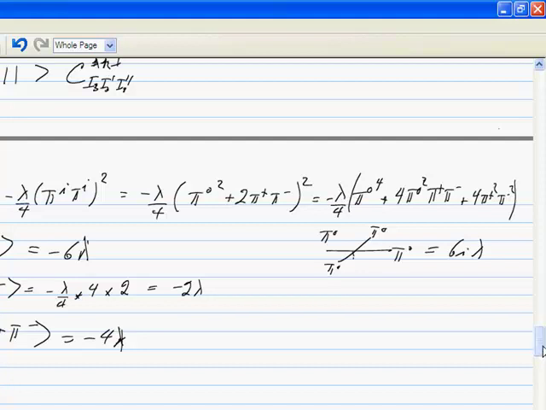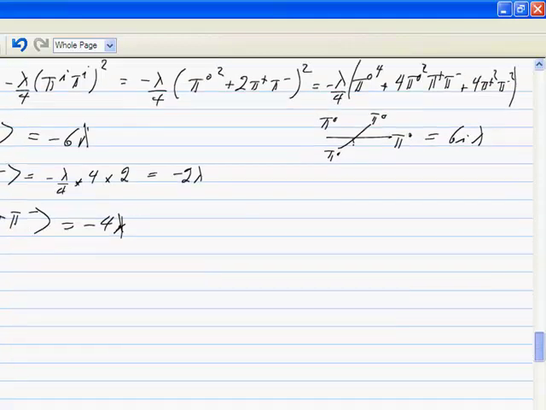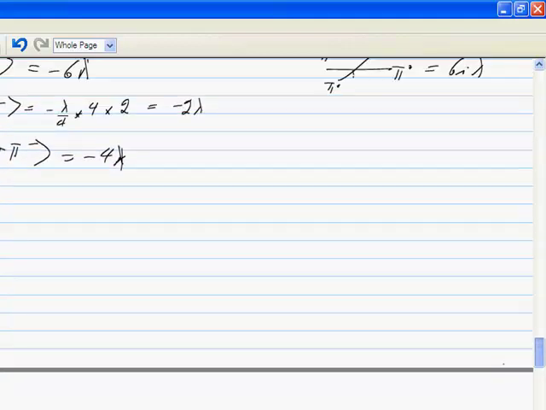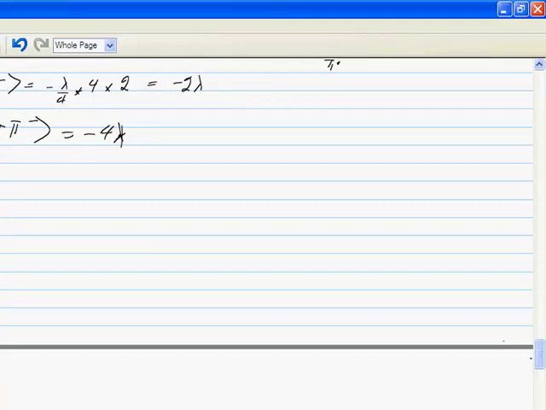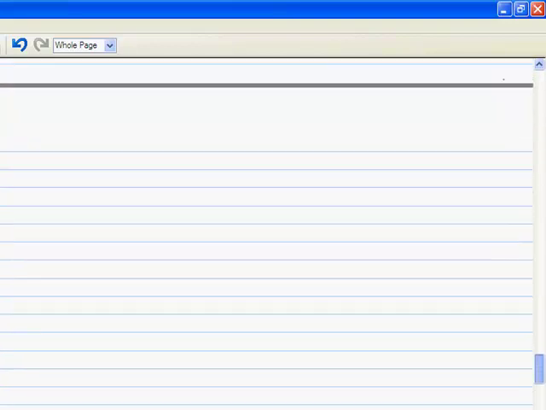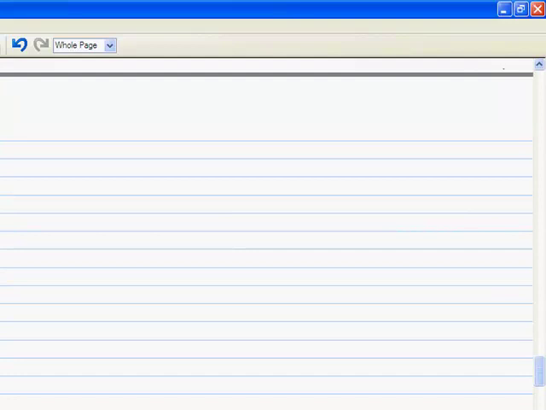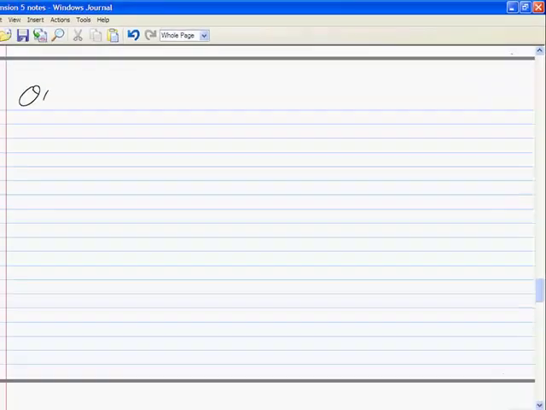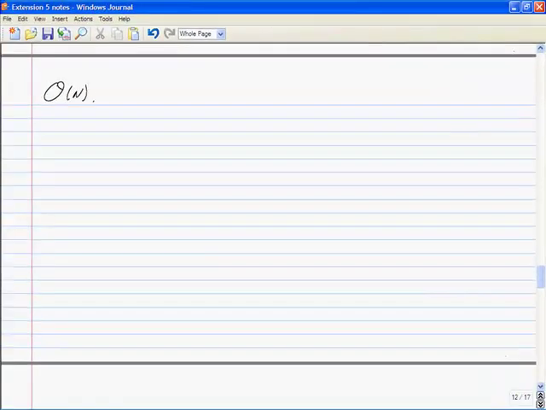Okay. Any questions before I move on? I want to write out 2 examples, and then move on to SU(N). Okay. 2 examples. One is in an O(N) scalar theory.